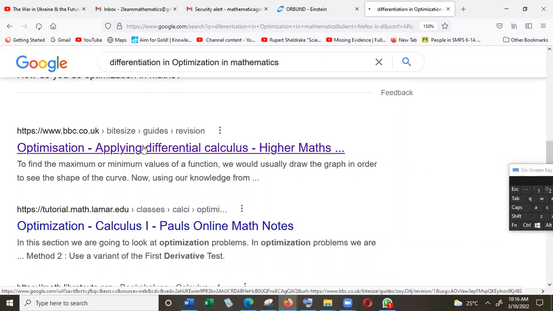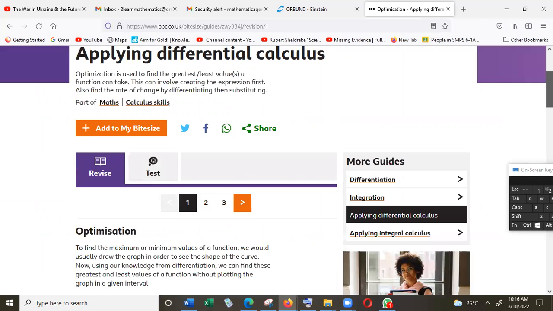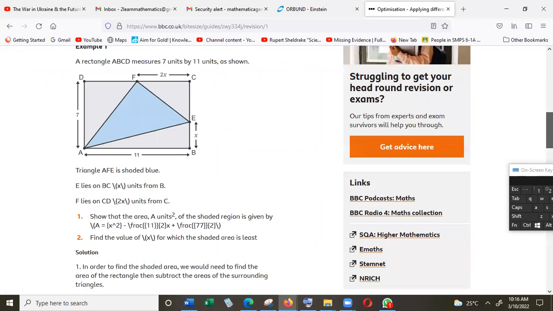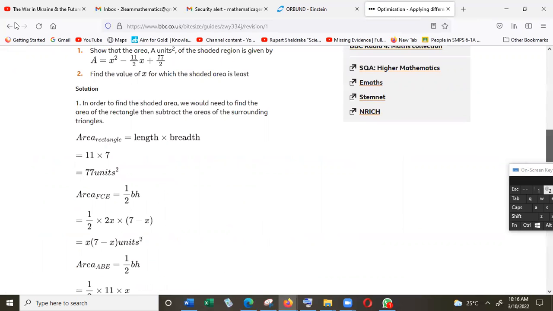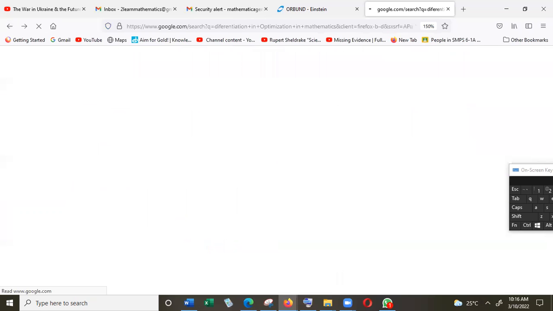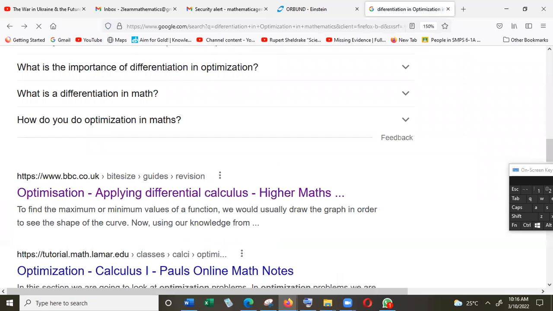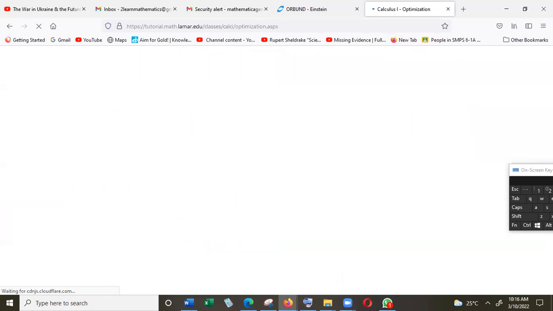You will get those different literature, but it all boils down to the steps that were in our presentation. So you have a lot of different literature on it, and well, that's the internet for you. You get a lot of different websites. We have the first derivative test.